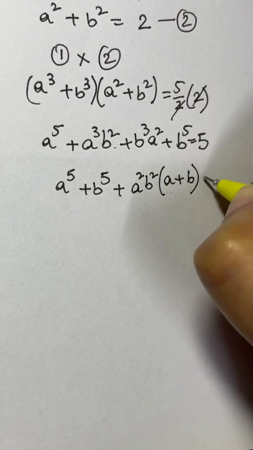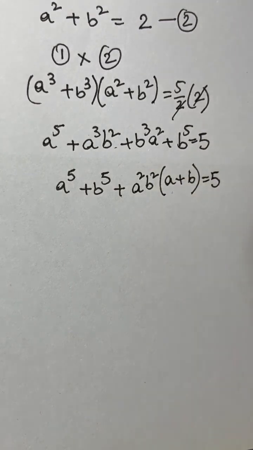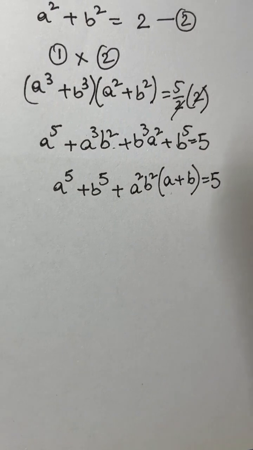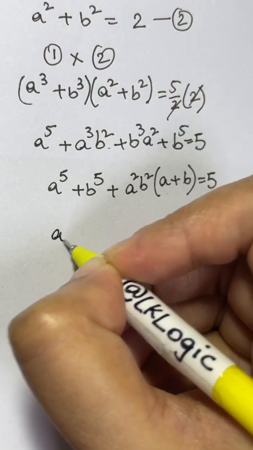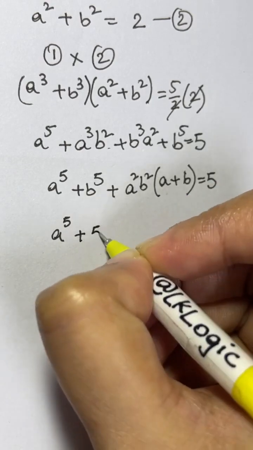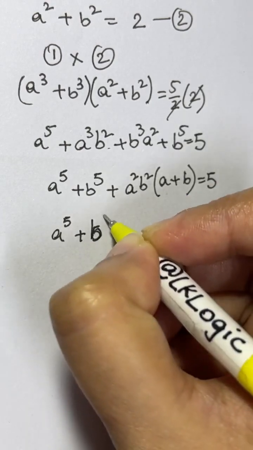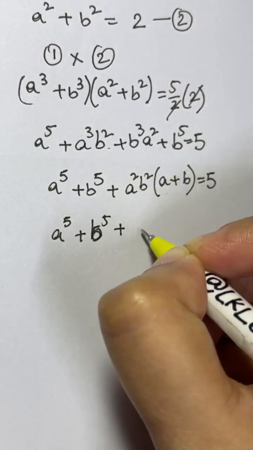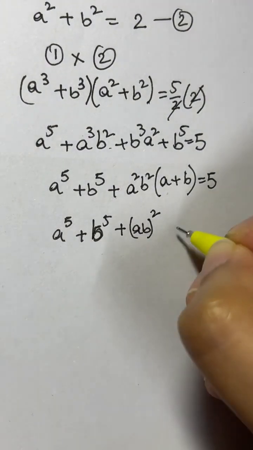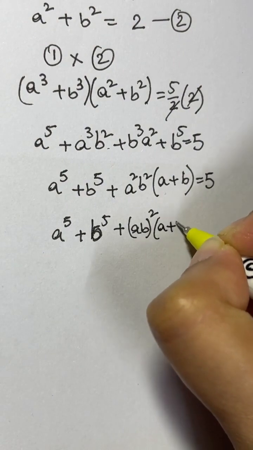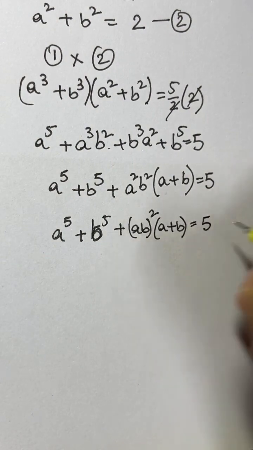So a plus b is equal to 5. Now again I've got ab, as you can see. I'm going to write it down: a to the power of 5 plus b to the power of 5 plus ab the whole squared times a plus b is equal to 5.